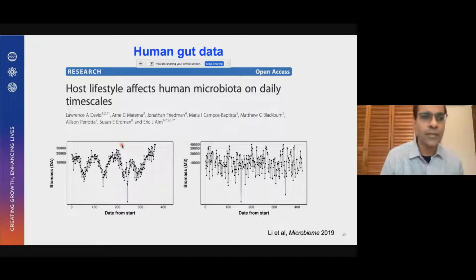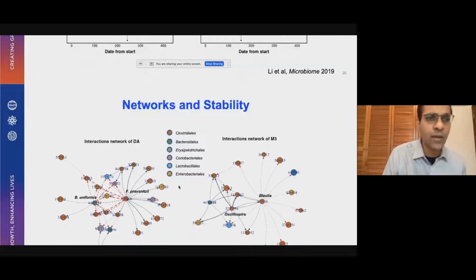This has not been described in Western populations, but it has been described in hunter-gatherer populations, particularly from Africa, where they do have dramatically different diets over time. So it was interesting to see a similar pattern in a Western population. Of course, this is n of 1.